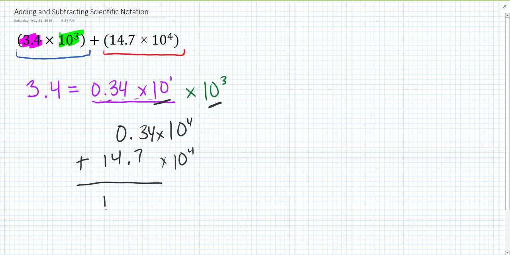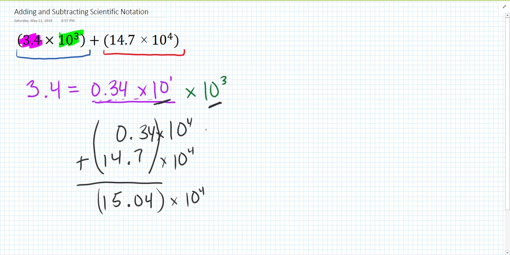So I'm going to have 14, that's going to be 15. Once we add the number of ten thousandths, I'm going to have 15.04 ten thousandths. So I just essentially added the number of ten thousandths. It's 15.04 ten thousandths.